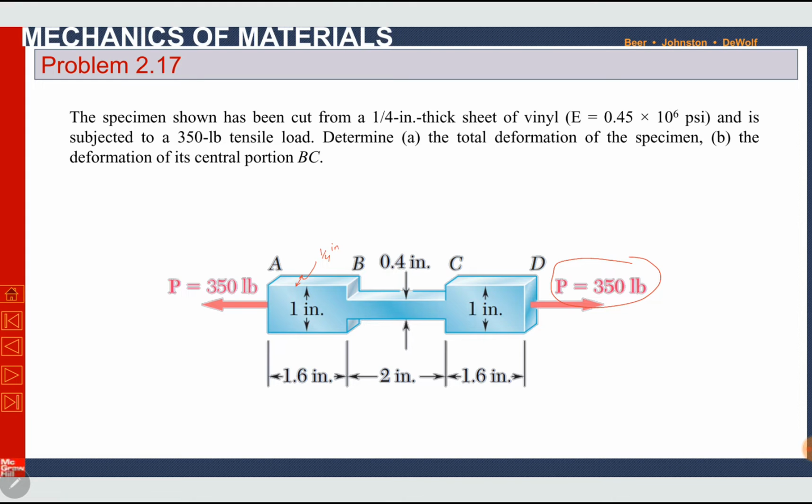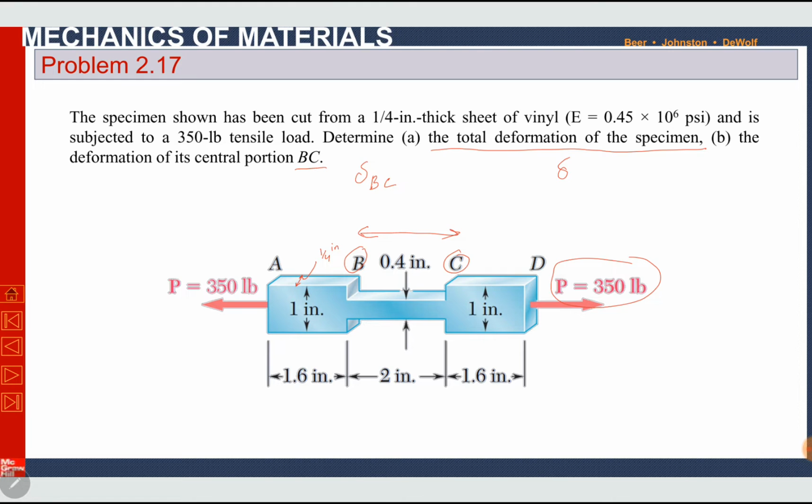Determine the total deformation of the specimen. So we have to find total delta, and in part B, the deformation in its central portion BC. In this portion between B and C, we have to find deformation delta BC.